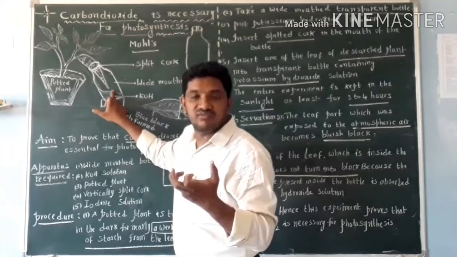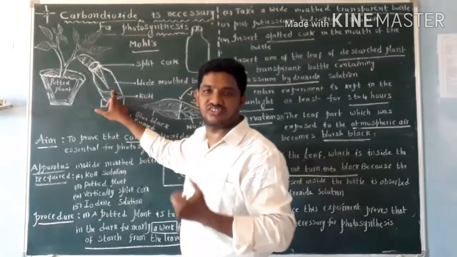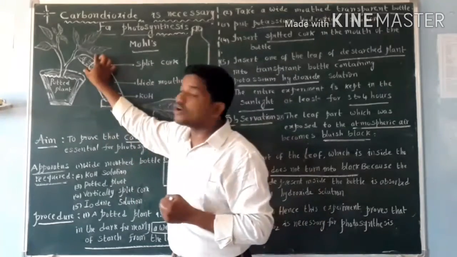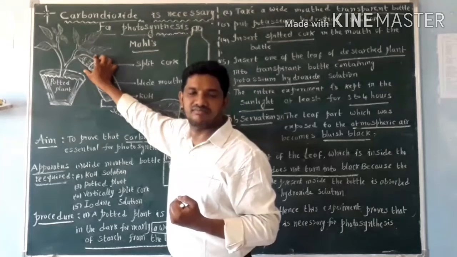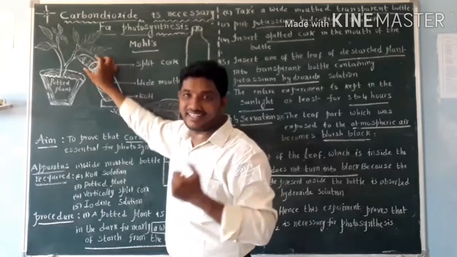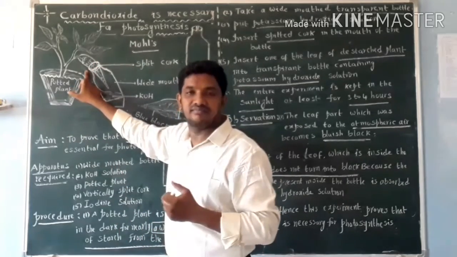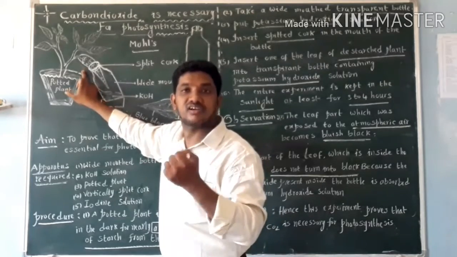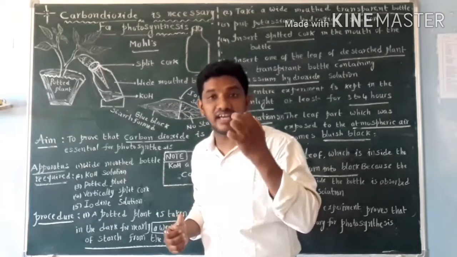The inside part of the leaf does not prepare food material or starch, because the outside part of the leaf absorbs carbon dioxide from the atmosphere and utilizes sunlight. The important thing here is that this part of the leaf utilizes carbon dioxide, that is, atmospheric air.